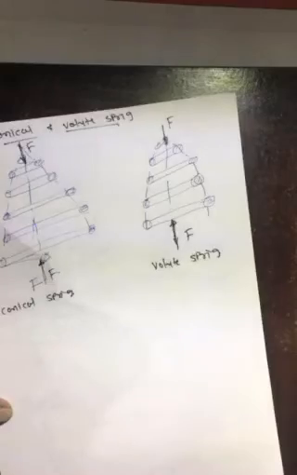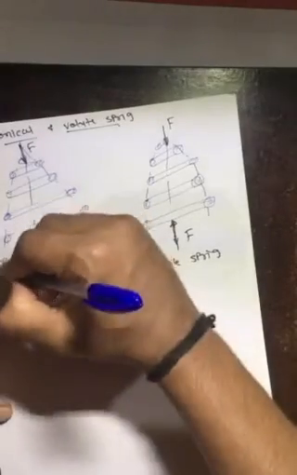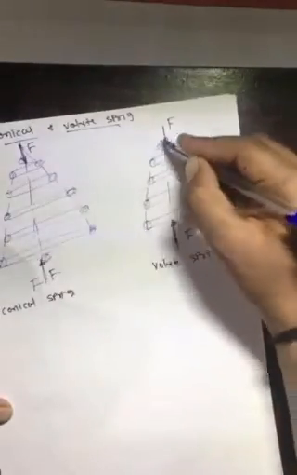These two springs are nearly the same, but one is a straight line and this one is a curved line, right?